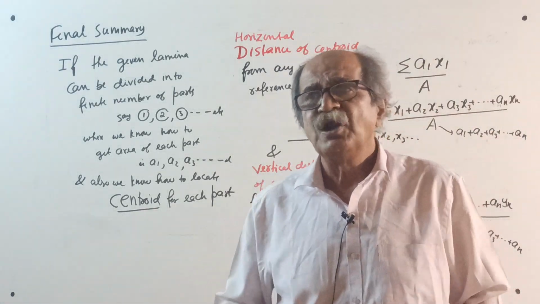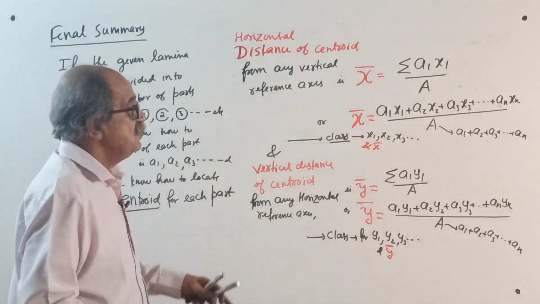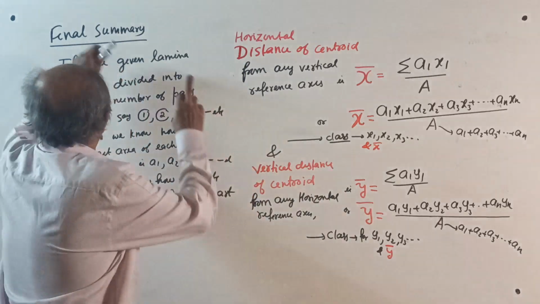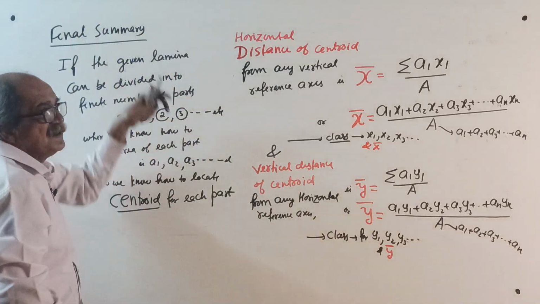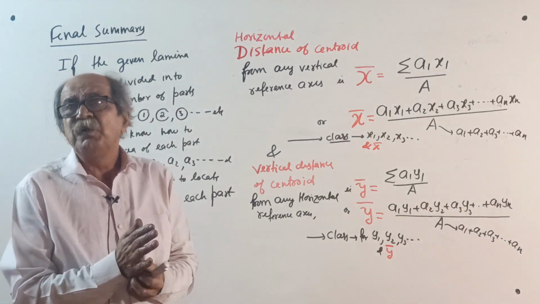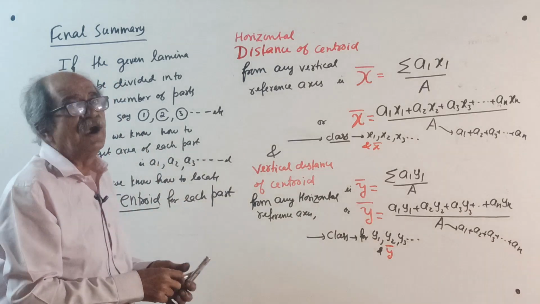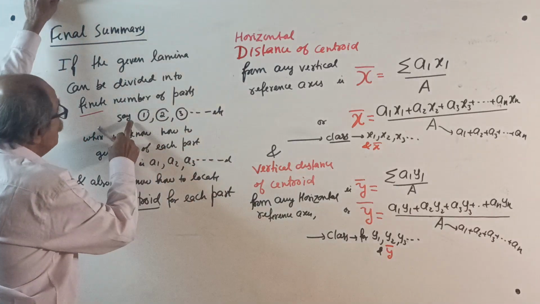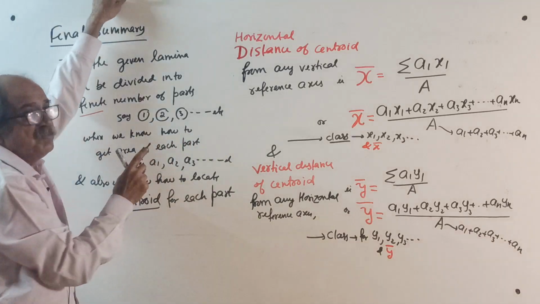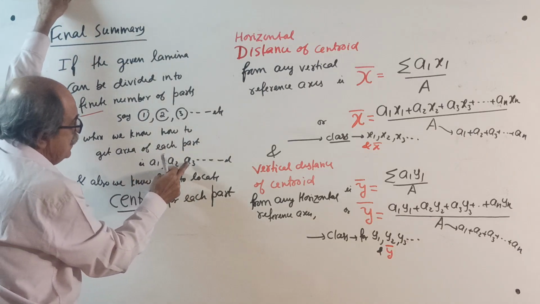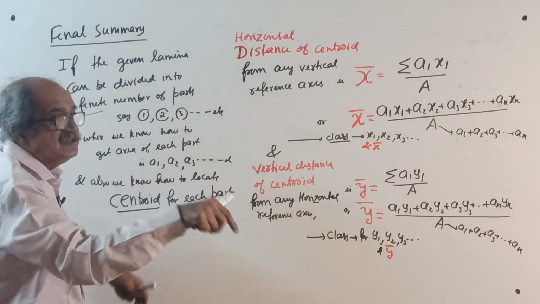Now, the concluding part of the basic concept. Final summary. Make a note. Study all these thoroughly. If the given lamina can be divided into a finite number of parts, finite means a definite or known number of parts, for example 2, 3, 4 parts, where we know how to get the area of each part, that is A1, A2, A3, and also how to locate the centroid of each part.